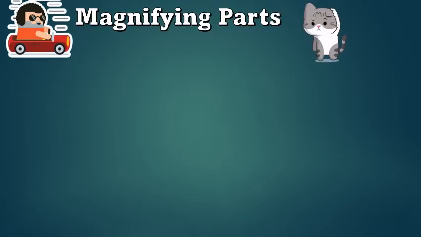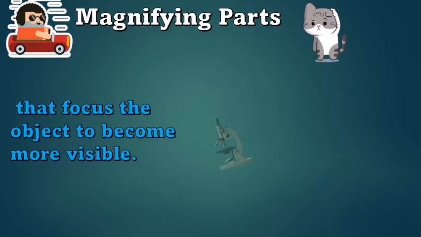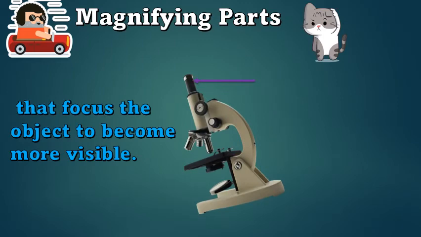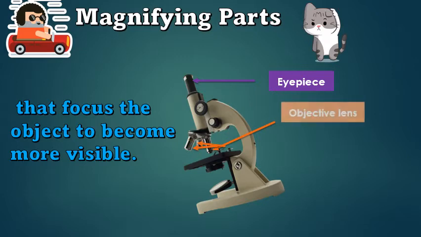And the last one, we have the magnifying part. It is the part of a microscope where the specimen is being focused to become more visible. Its first part is the eyepiece. Then we have the objective lens.